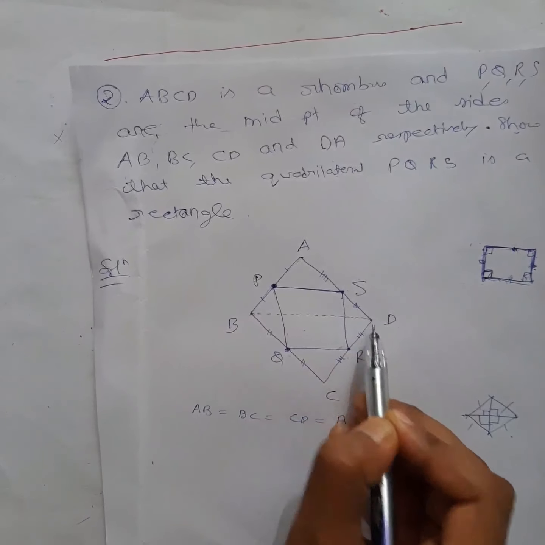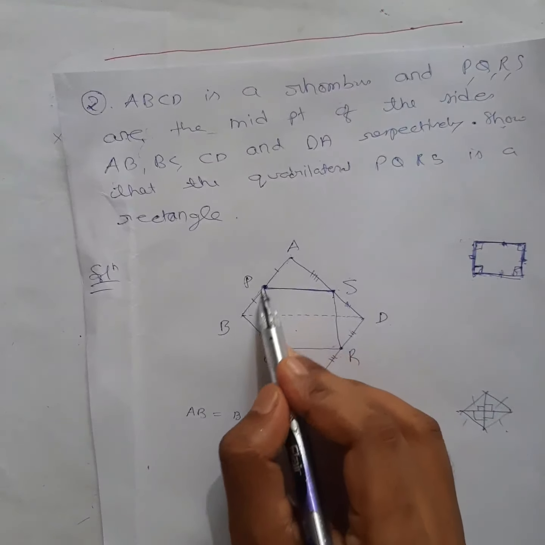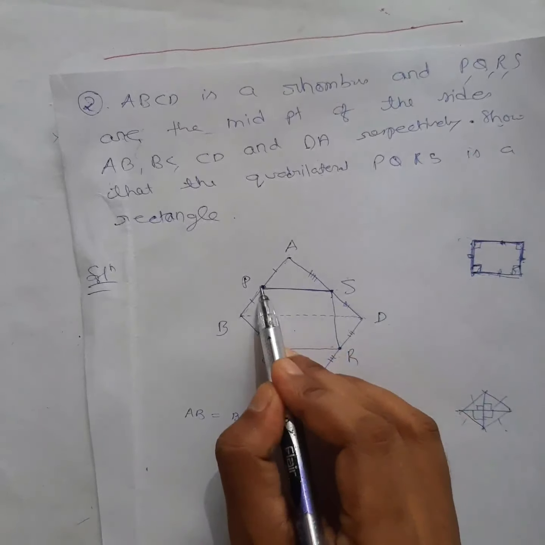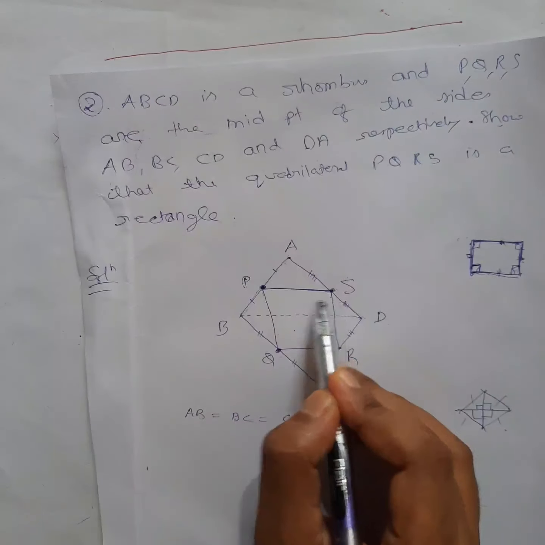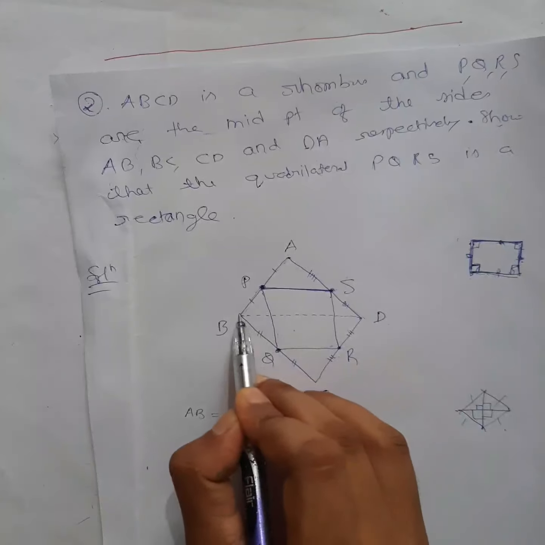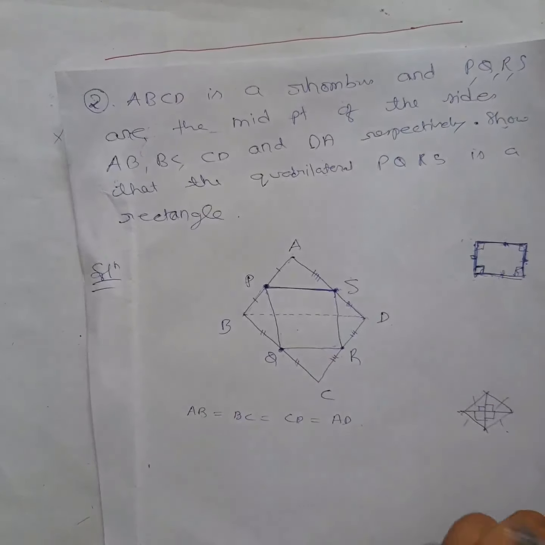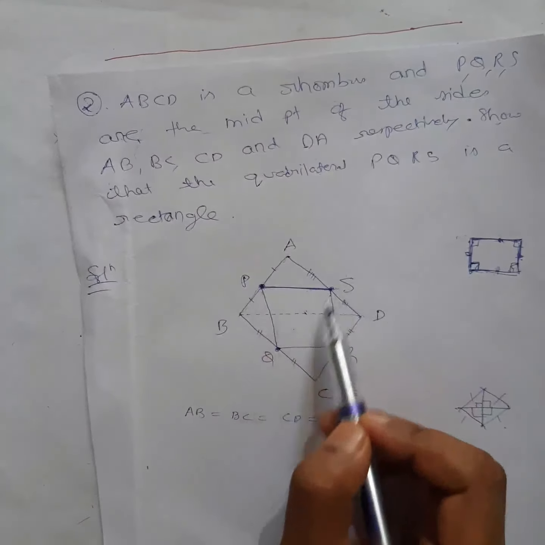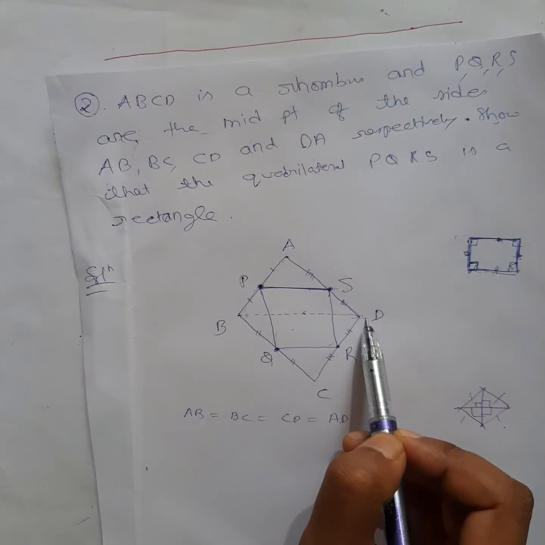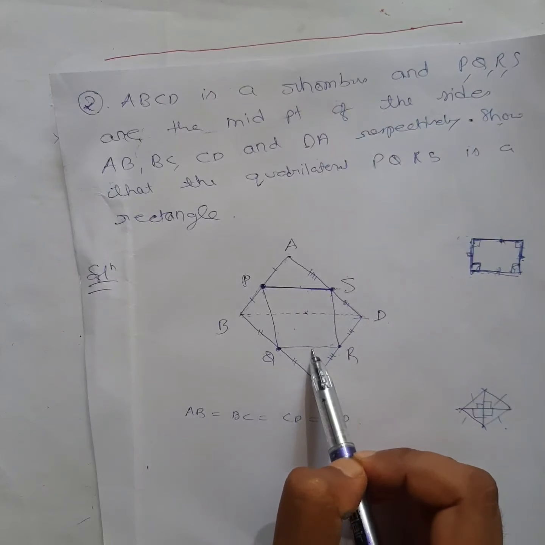If I draw this diagonal, see what will happen. There is a triangle ABD in which P and S are the midpoints, and this line must be parallel to this one, we know from the theorem. So PS is parallel to BD, we got. Now we have to show this is parallel to this.